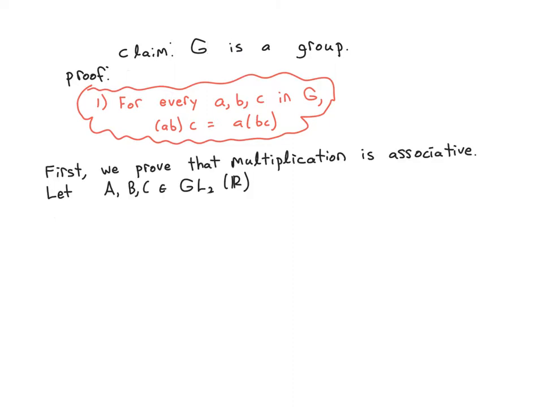First we prove that multiplication is associative. Well, what do we need to do? We need to show a universal quantifier, so we take 3 arbitrary elements in this group. So we take 3 arbitrary matrices, and then we just need to check that this equality happens.